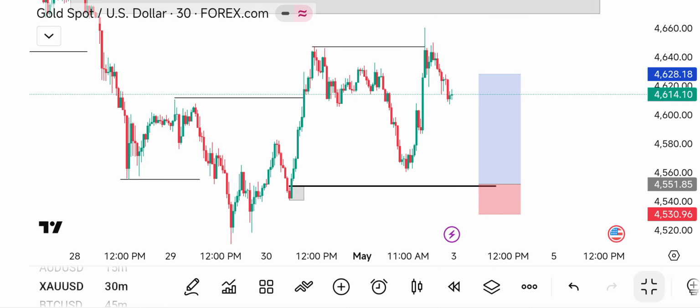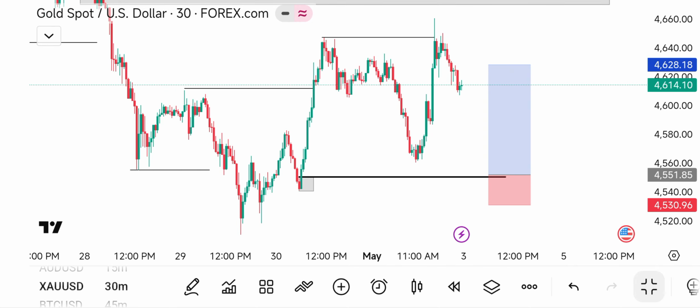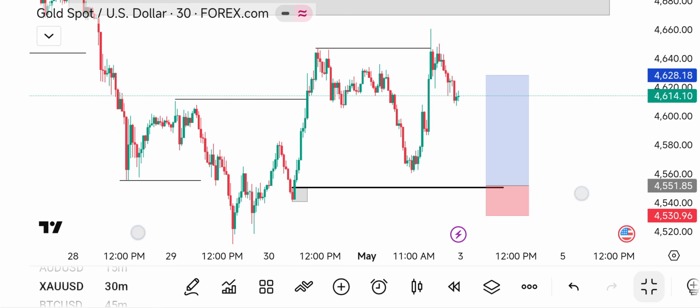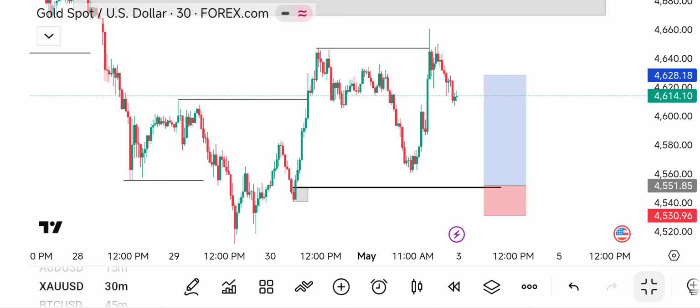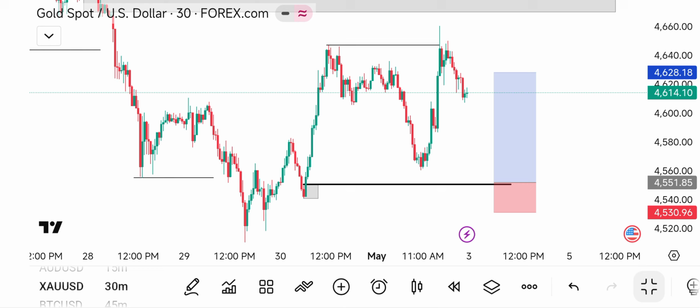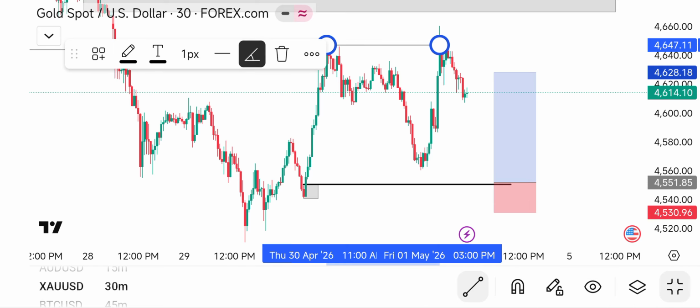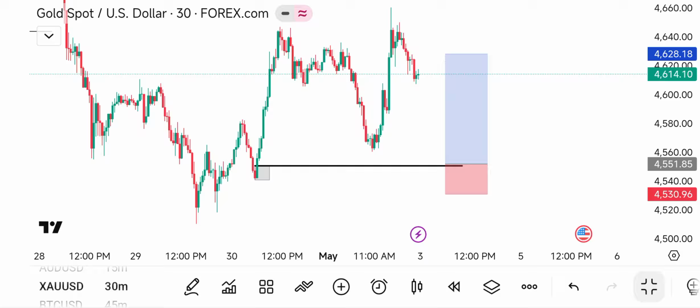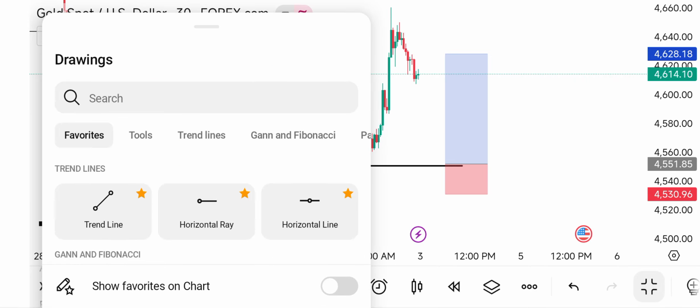So let's just leave it like this. This will now be our trade, a limit order. So now we place our limit order. It's going to be a buy limit.